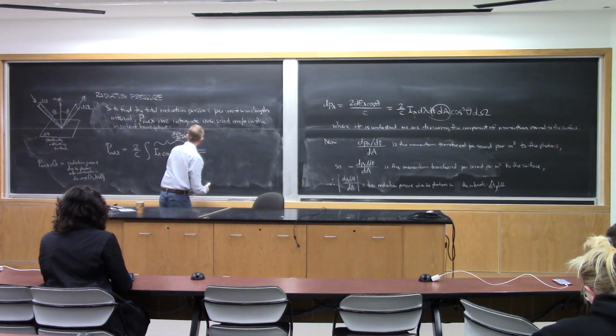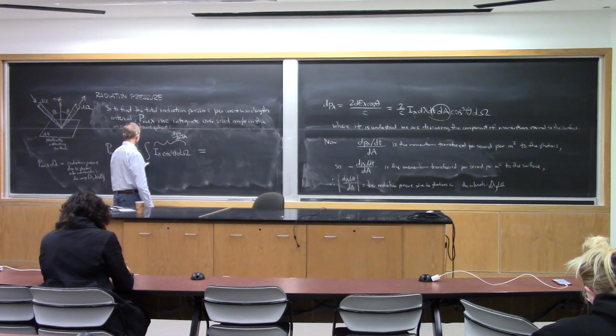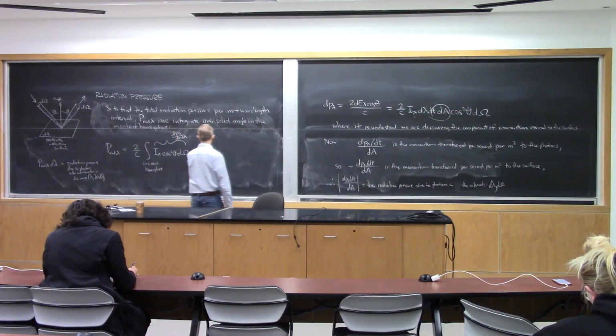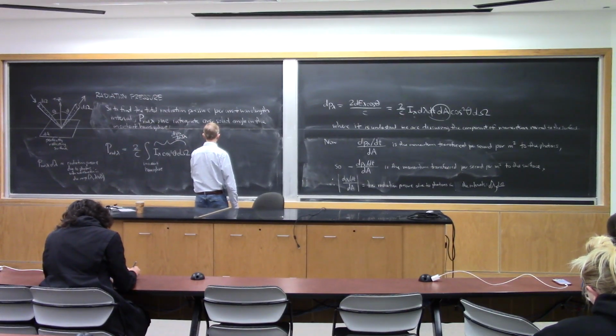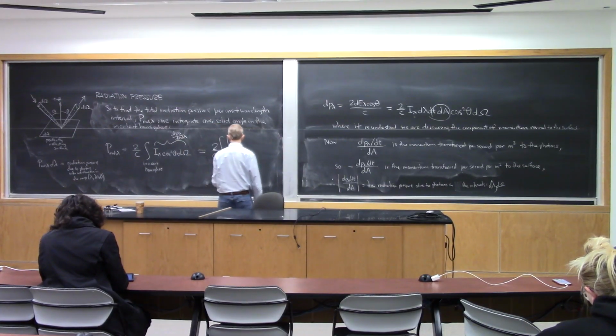So this is the integral I want to carry out here. And it's got to be over the incident hemisphere. So that'll be 2 over c. And now let's do it in spherical coordinates first.